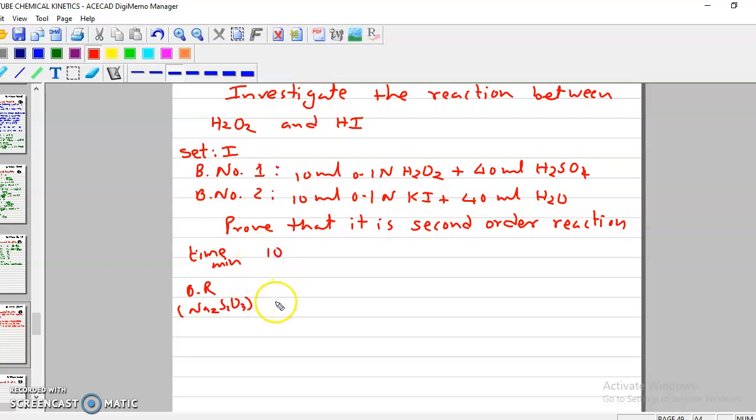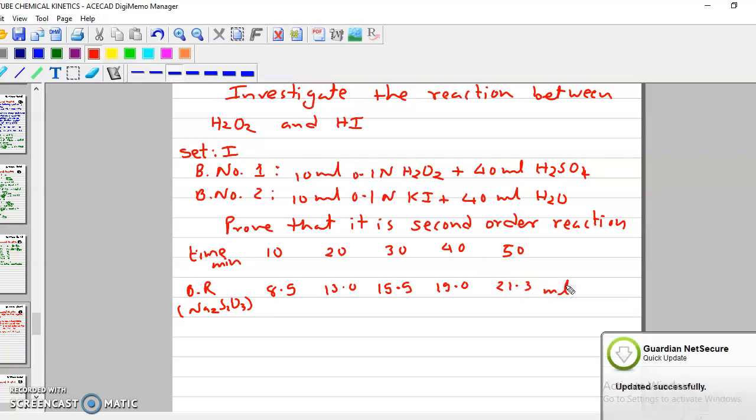After 10 minutes the volume is 8.5 ml, at 20 minutes 13.0 ml, at 30 minutes the burette reading is 15.5 ml, at 40 minutes 19.0 ml, and at 50 minutes 21.3 ml. So these are burette readings or volume of sodium thiosulfate required.